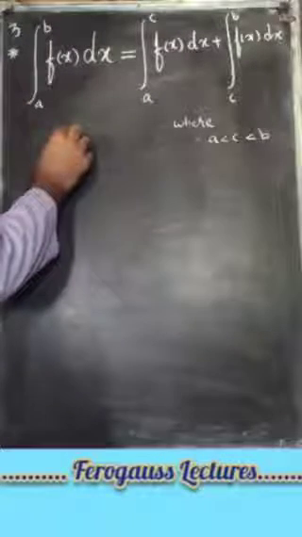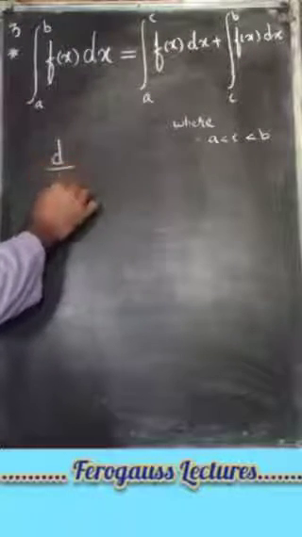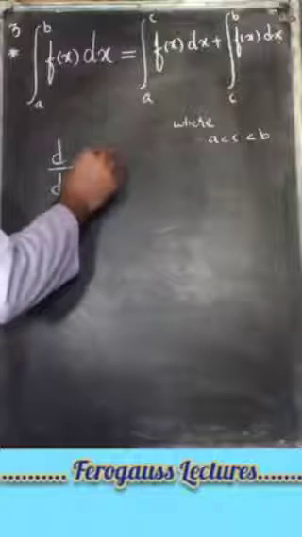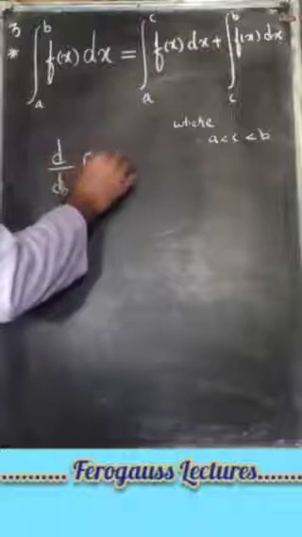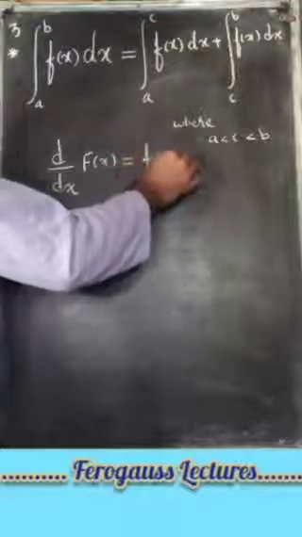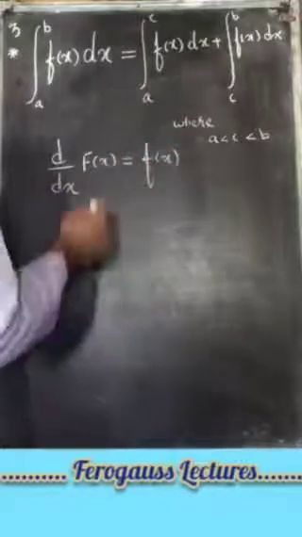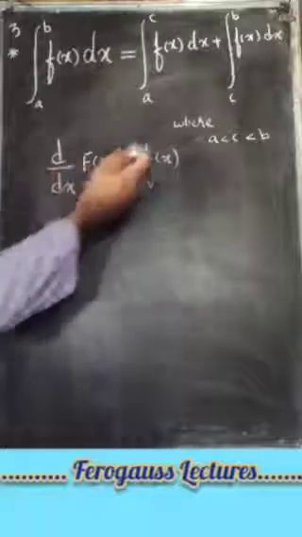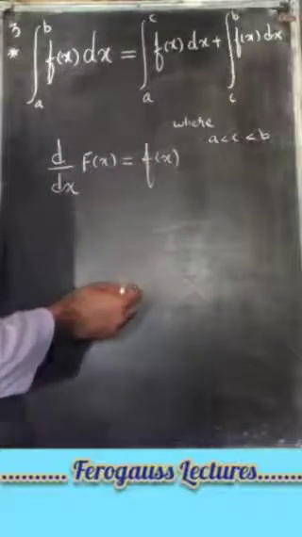Okay, now let us prove this result. Let derivative of capital F(x) be equal to small f(x). That means capital F(x) is an antiderivative of small f(x).